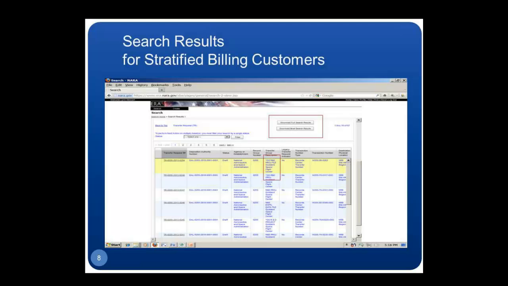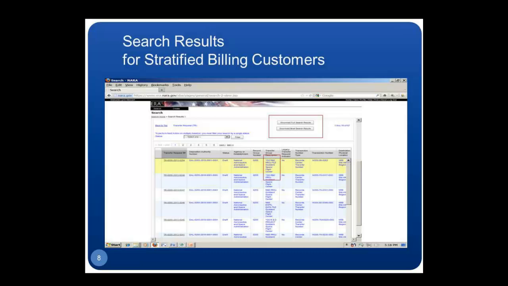Now, once you've submitted a search for a specific search criteria, you can certainly view the list of transfer requests, and the ERA user interface is displayed here. As you can see, the user interface is set up to default to 10 forms per page.